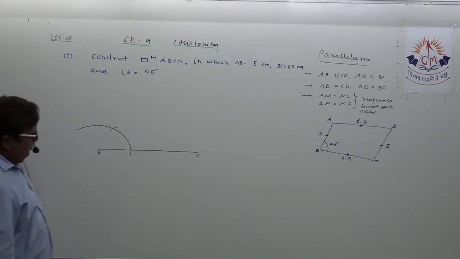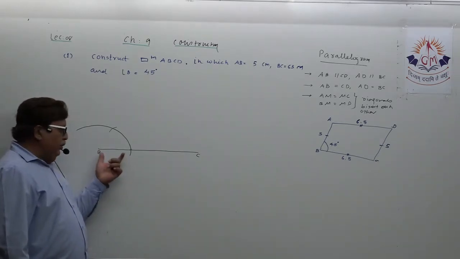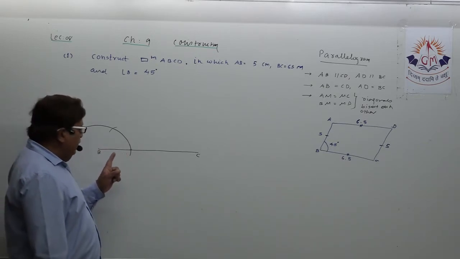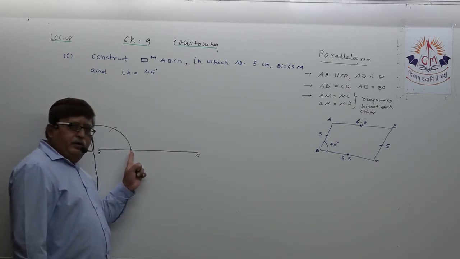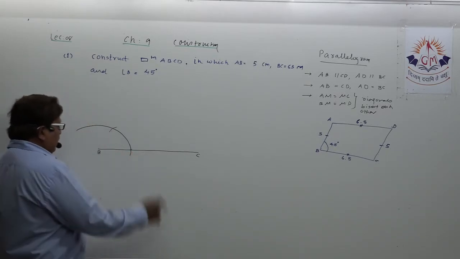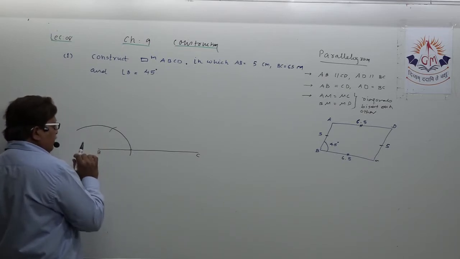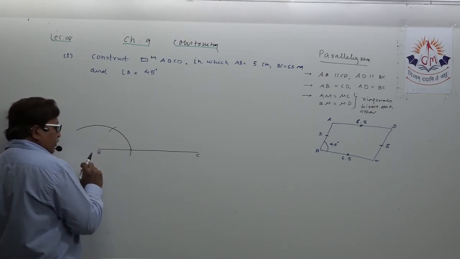Angle of 60 degree has been constructed. Keeping the same radius, please be precise student in construction of angle. Centering compass at this juncture, you have to draw another arc to intersect this arc. This is an angle of 60 degree. Our target is not 60, our target is 45.